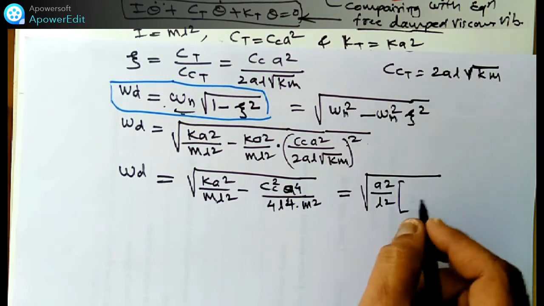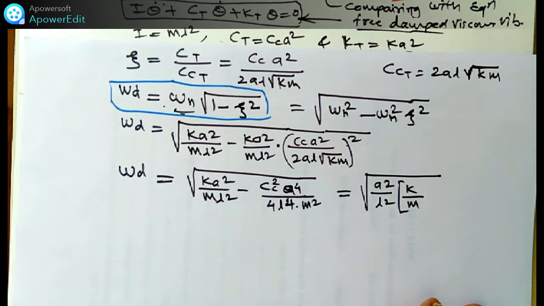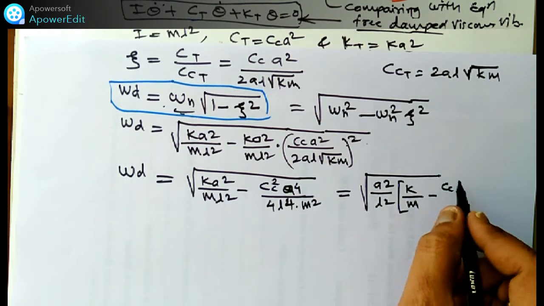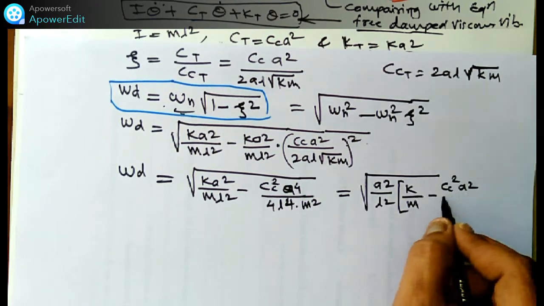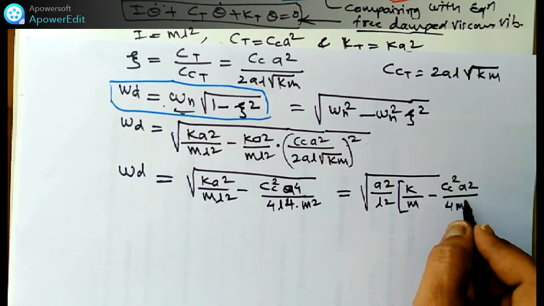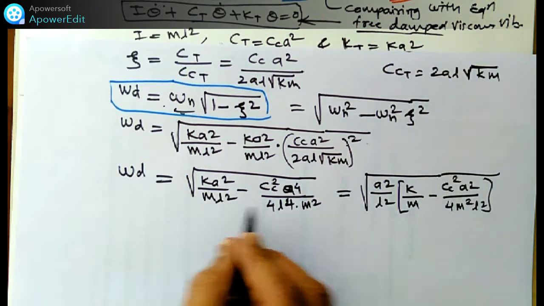Minus Cc square into a square upon 4m square L square. Here we have taken the a square by L square common, as this is L raised to 4 and this is a raised to 4. So just taken outside, this is the remaining.